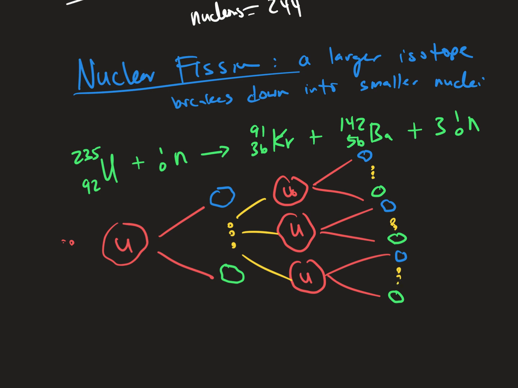And it just keeps going that way. And we call this the nuclear chain reaction. When this happens, we get a lot of energy. Okay?